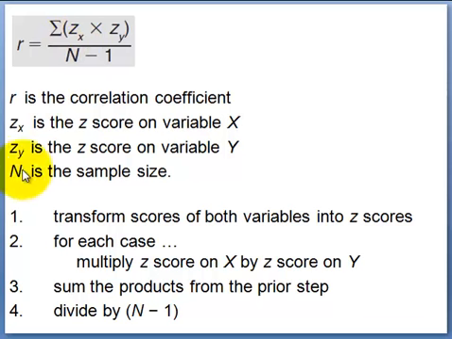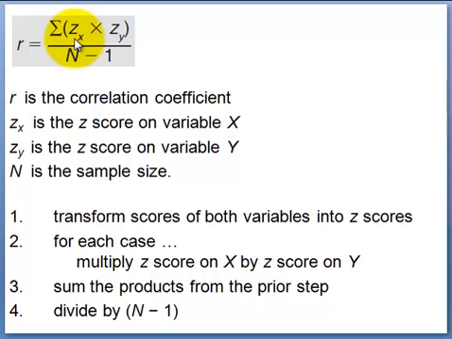So, to calculate r, go back to chapter 5 and look at your z-score formulas, and you would transform scores on both variables into z-scores. Scores then are expressing for each case for each of the two variables how many standard deviations above or below the mean. And then the summation sign tells you for each case multiply the z-score on x times the z-score on y.